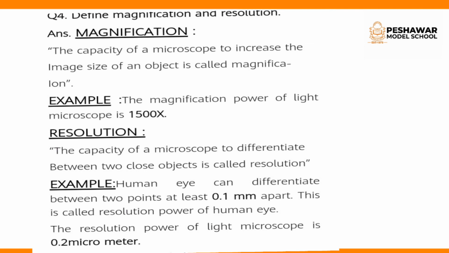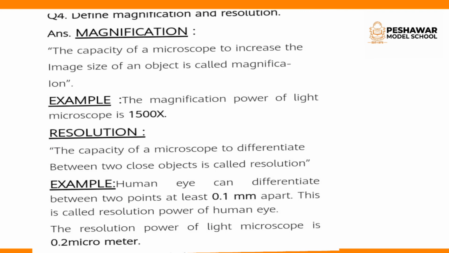For example, the human eye can differentiate between 2 points at least 0.1 millimeter apart. This is called the resolution power of the human eye, and the resolution power of the light microscope is 0.2 micrometer. Clear? What is magnification? Magnification means that whenever we see things in the microscope and it gives us an enlarged image compared to the original size, this is the magnification power of the microscope.